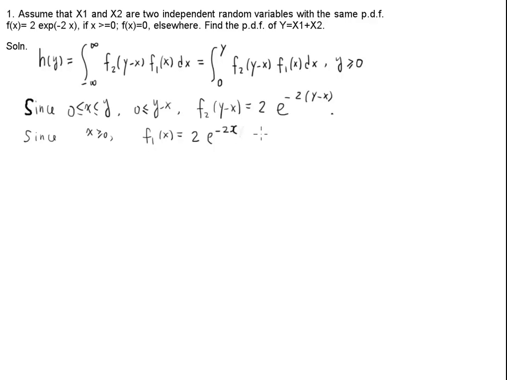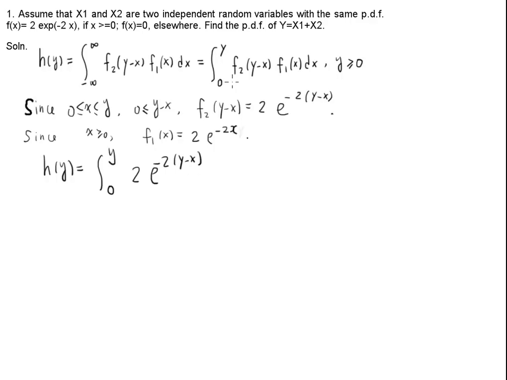All right, now we are ready. We're going to plug in these two functions inside, so we have the following. h of y is equal to the integral from 0 to y of twice e to the negative 2 times y minus x.